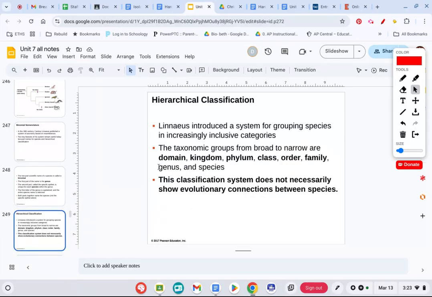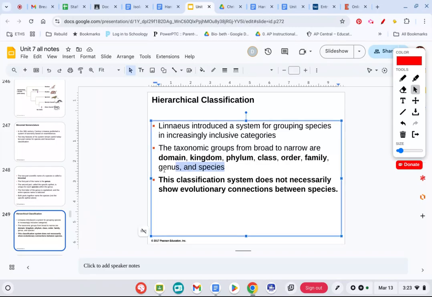But let me run through this. I forgot I got a little bit more before I get to that point. Okay, so we already talked about genus and species, but this way of classifying things, this taxonomic group system, starts with a very broad category that contains many, many organisms, and comes down to kingdom, phylum, class, order, family, genus, and species.